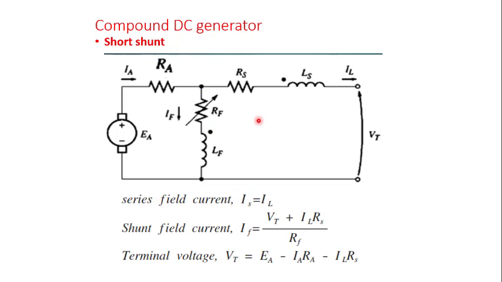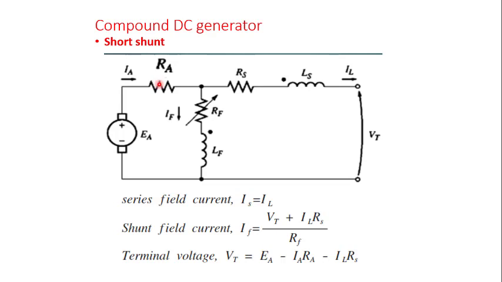So let's see what we can derive in this particular arrangement. Our IS, the current that is going to flow through the series circuit, is equal to the current that goes through the load. Take note of that.